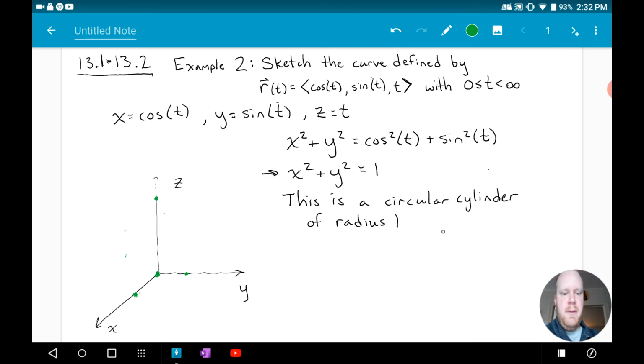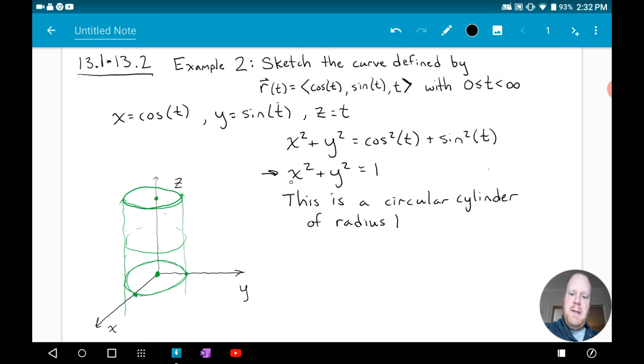On my sketch, I'm just going to draw that cylinder. Okay, so here's the circle in the xy plane, and that's going to extend infinitely in the z direction, both positive and negative. All right, so that's that cylinder there.